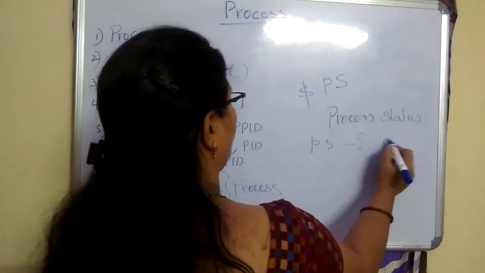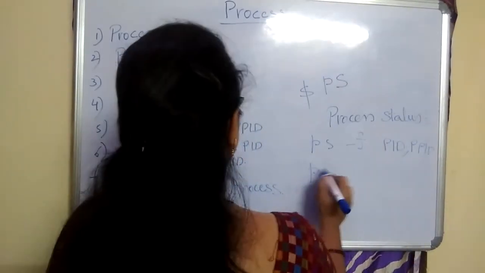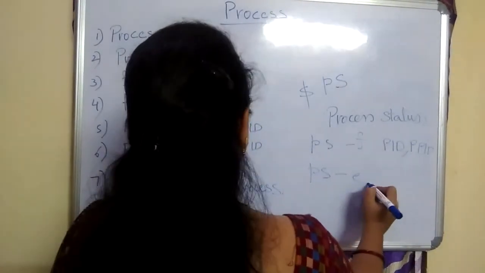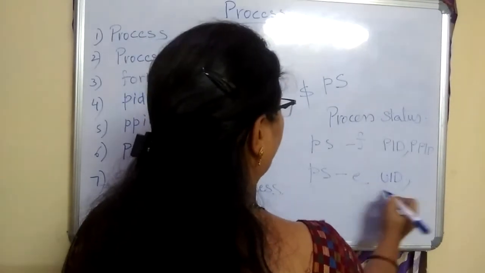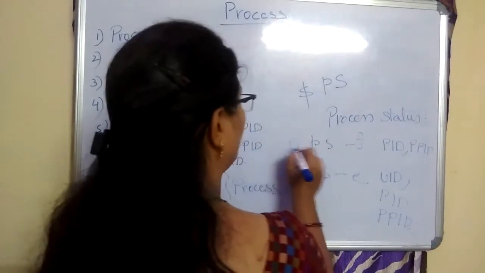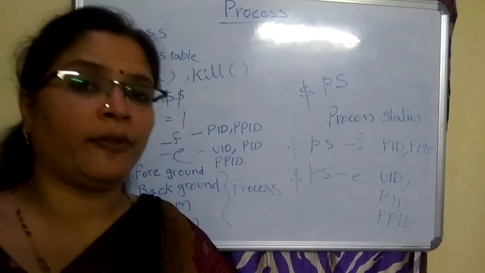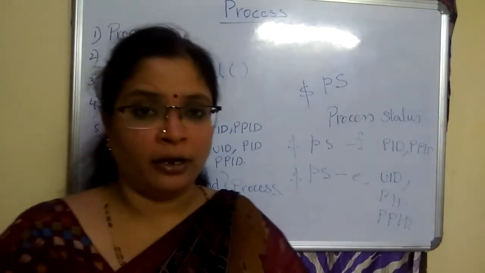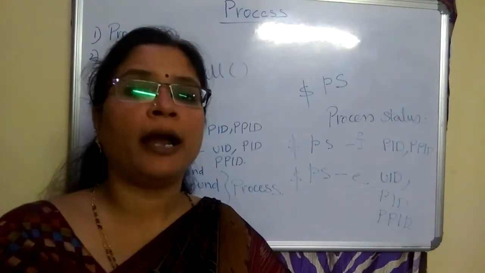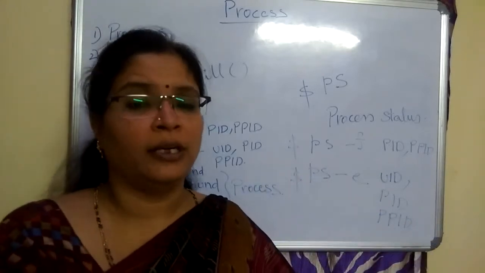PS -f gives the information of PID and PPID, and PS -e gives the information as user ID, PID, as well as the PPID. So you have to remember these two options while working with the process status command. What is the meaning of the process status command? It gives the information of the currently running processes.